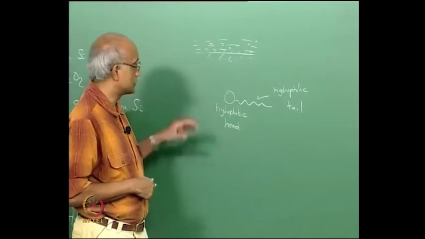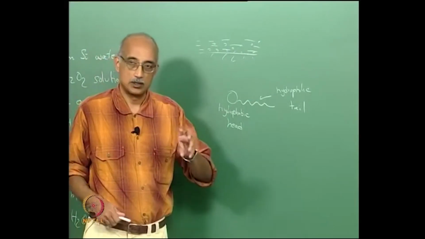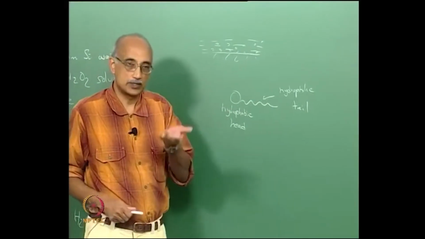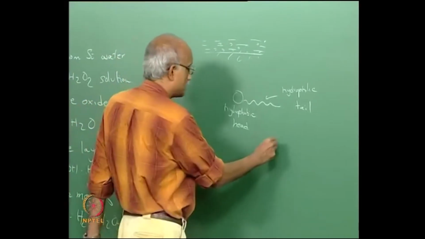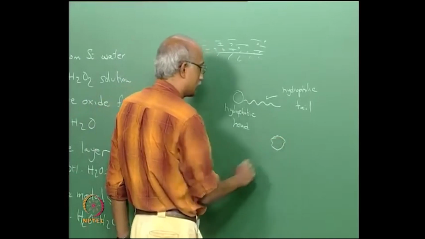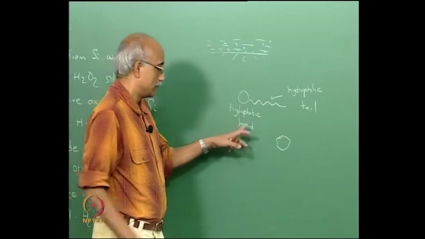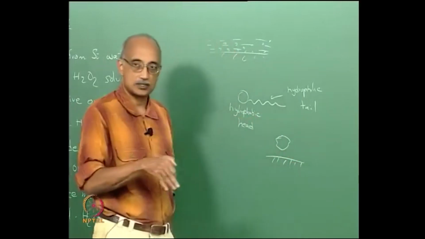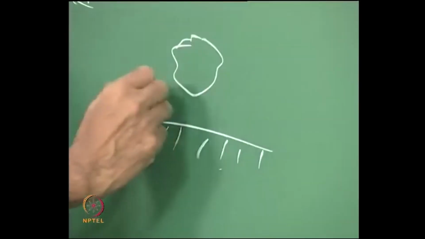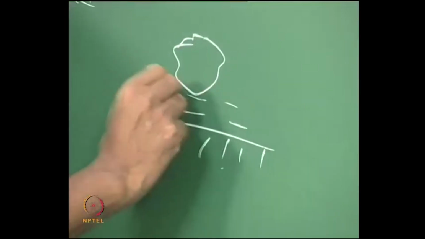So what happens when you put a detergent in water and then you soak a surface with particles on it inside that solution? Let's say you have a particle that looks like this, and you have a surface. Because of the reduction in the surface tension, the water will get into this interface, which is good.